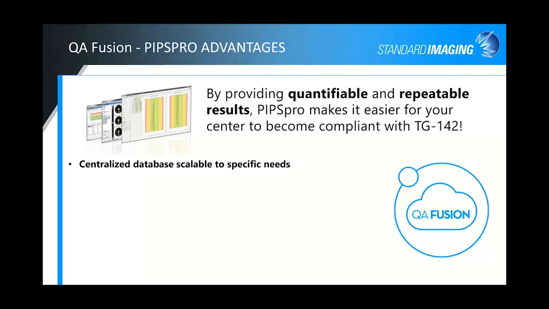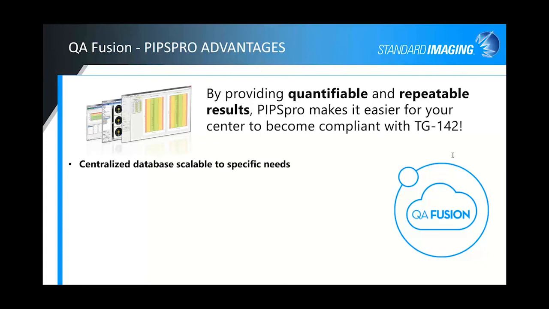And I did see one question: is the cost for centralized, is it for multiple institutes? As far as that goes, the licensing is actually LINAC based, so it's scalable that way. If you're a small facility with just a single LINAC or maybe two LINACs, you don't get penalized, if you will, for having just one or two.